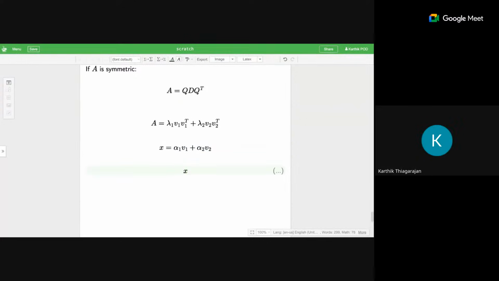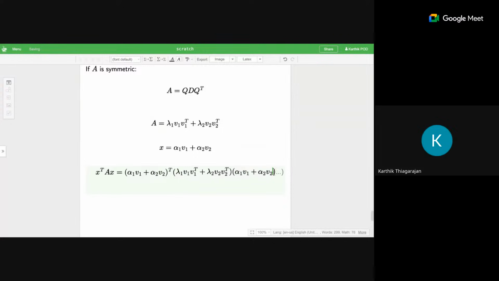So now if you take x transpose Ax, this is nothing but alpha 1 v1 plus alpha 2 v2, transposed, times A, times alpha 1 v1 plus alpha 2 v2. So this is what you'll have.